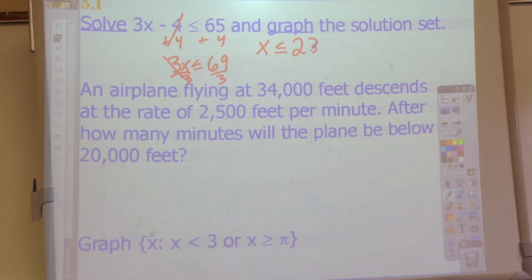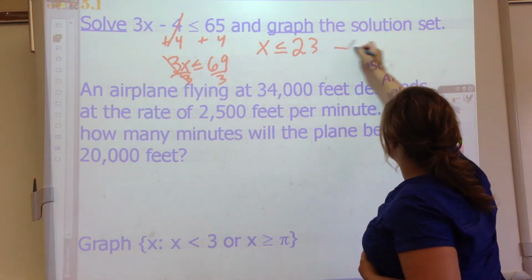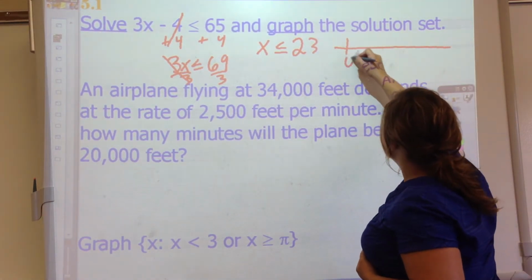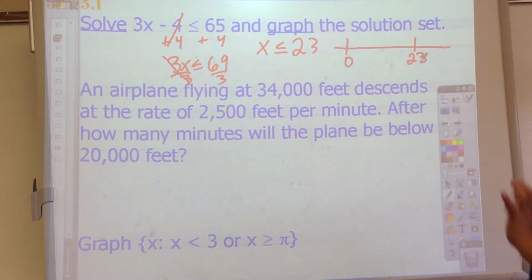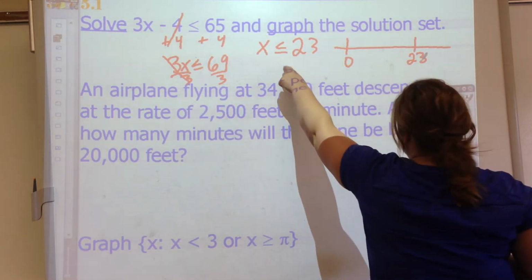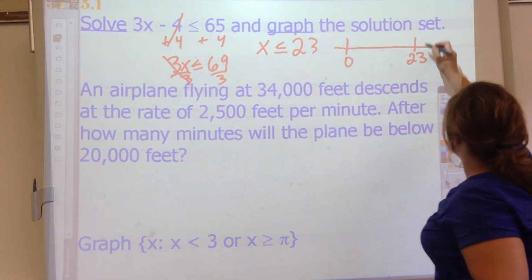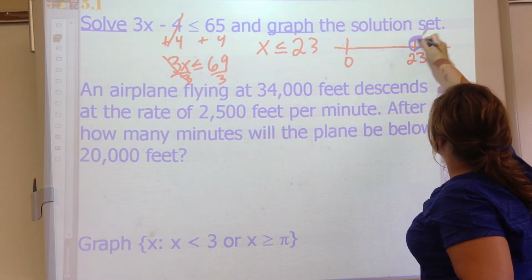Now to graph that value, I would like you to show me on a number line 0 and the value. Here we're at 23. Those are the two pieces I always need to see, 0 and the value you're graphing. So since it is equal to it, we need to denote that with a closed circle.